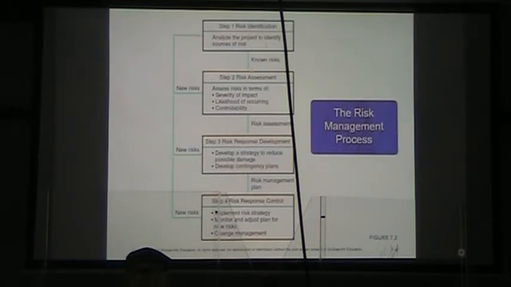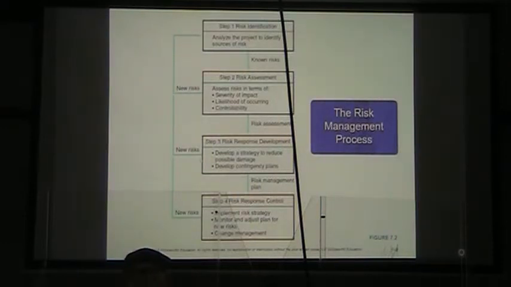All right, well, as we go through our risk assessment, we may identify new risks that need to come up here and go back through the risk identification and start the process, right? But our risk assessment comes down, and then we do step 3.